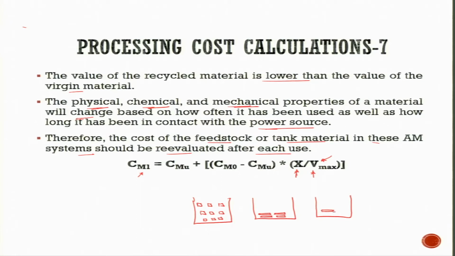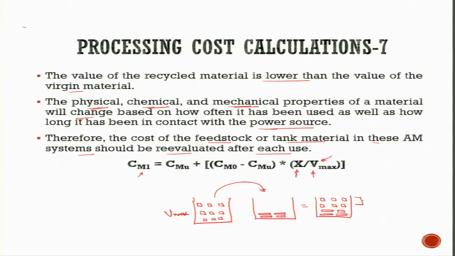Then we get the leftover material and the virgin material added over it. So this is added here. This makes it something like this, right? So this is my Vmax. Vmax is the maximum fill capacity of my feedstock tank. Now X amount of the virgin material is added here.